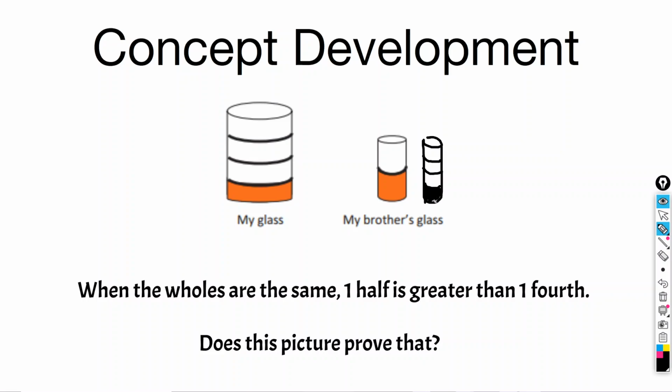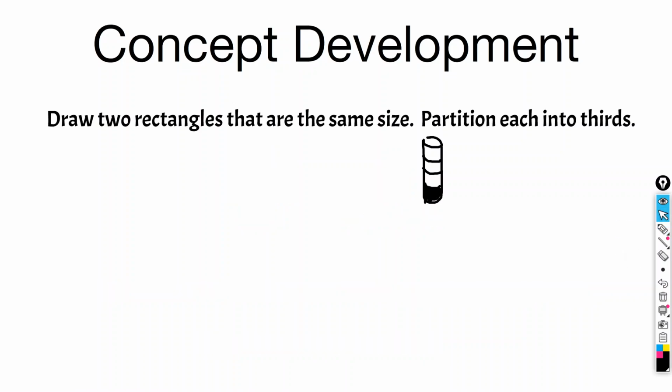So the point of that whole exercise is just saying that when we compare two objects, we need to start with two objects that are the same size. So what we are going to do is actually draw two rectangles that are the same size. This is where you will need your whiteboard. So go ahead and get your whiteboard out.